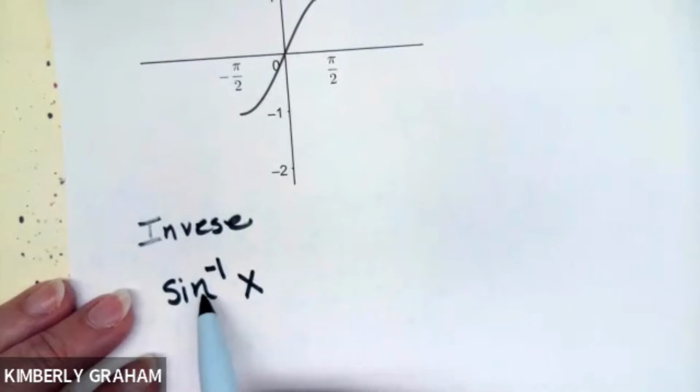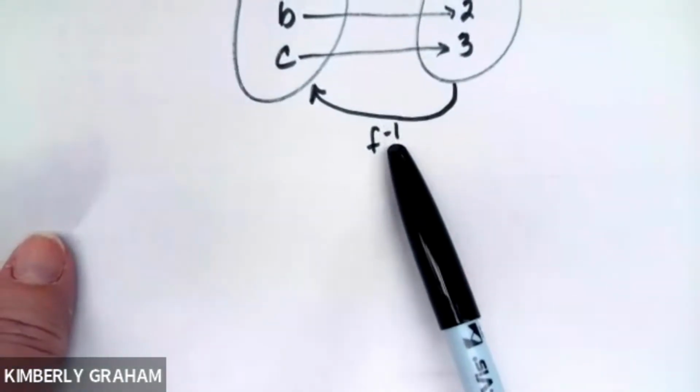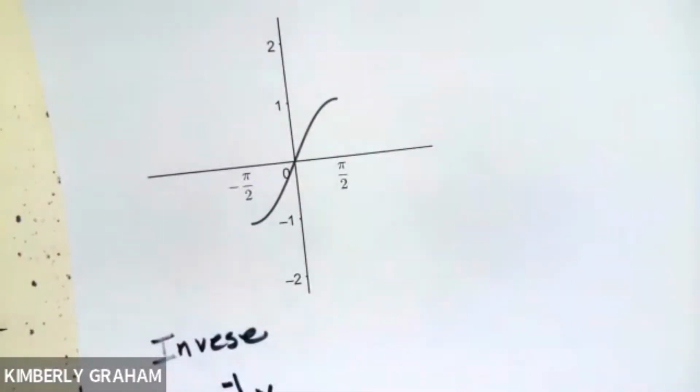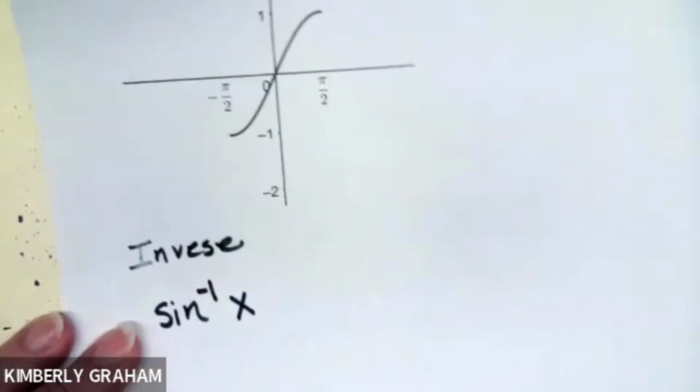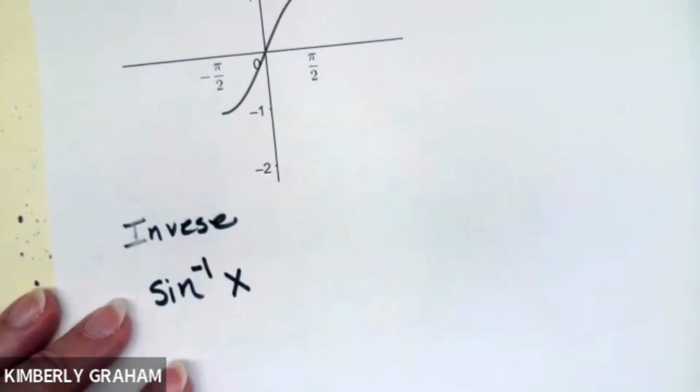It is just the notation for inverse, just like I used this notation over here for an inverse of a function, like I did in college algebra. And I know that y'all didn't do that very much in college algebra. It was just that one lesson that sort of led into logarithms.